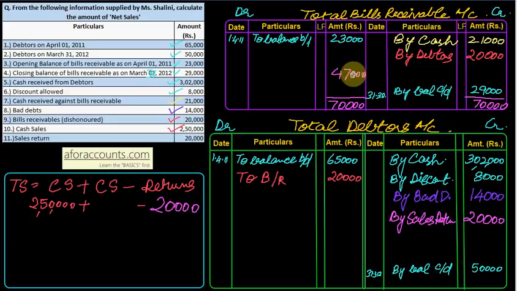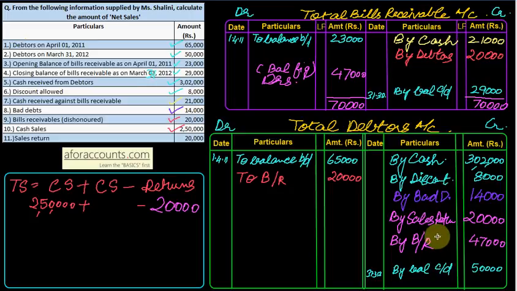This is your bills receivable balancing figure that will go to your debtors account. So here 47,000 on your debit side will travel to your credit side, 47,000. And what will you write? By bills receivable, transferred from bills receivable account.